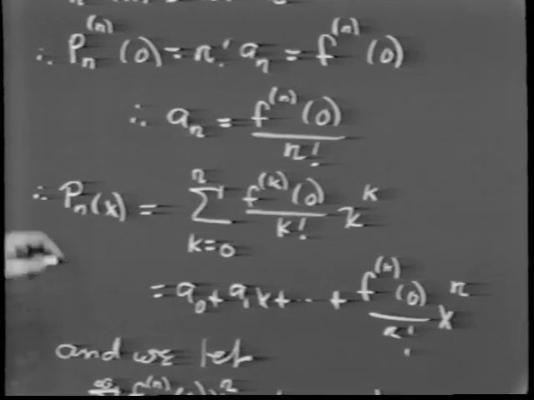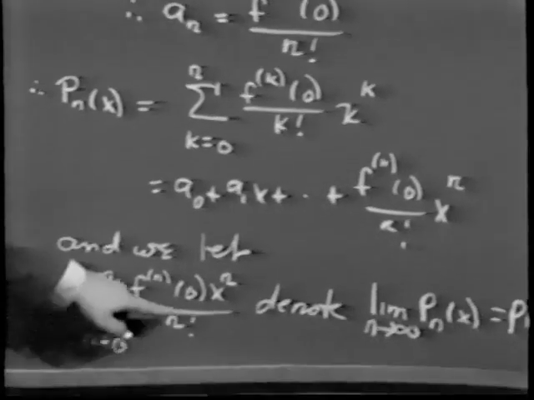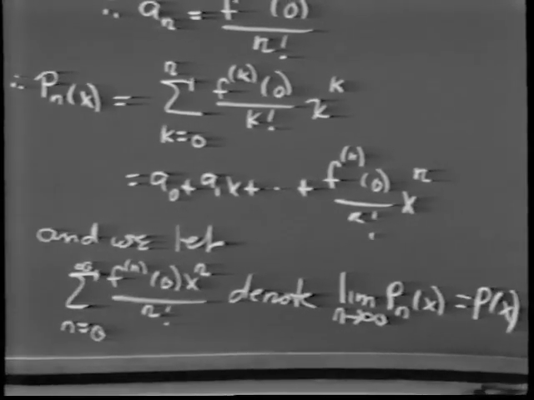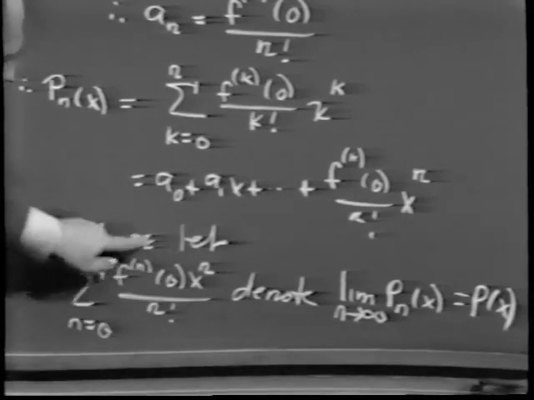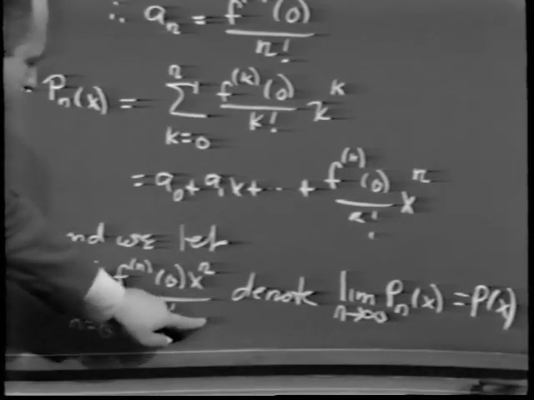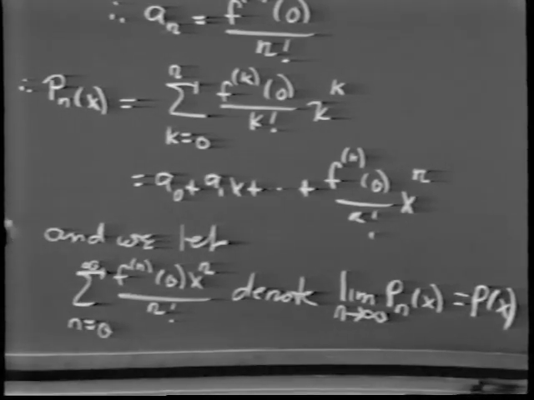And what we do is we let p of x denote the limit of p sub n of x as n goes to infinity. In other words, for a fixed x, we look at what this sequence converges to as n goes to infinity, and we denote that as a series. You see, x is a variable here, but if you replace x by a specific number, what's inside the summation sign becomes a constant which depends only on n, and we're back to our study of ordinary series again.